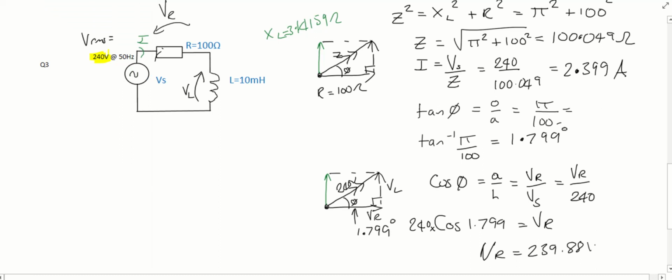239.88 volts. And we can now work out what VL is by using Pythagoras. Square root of the big VS squared minus VR squared. So that is 240 squared minus 239.88 squared, square rooted.